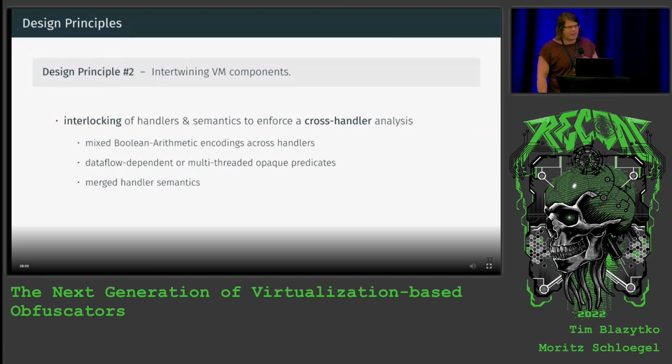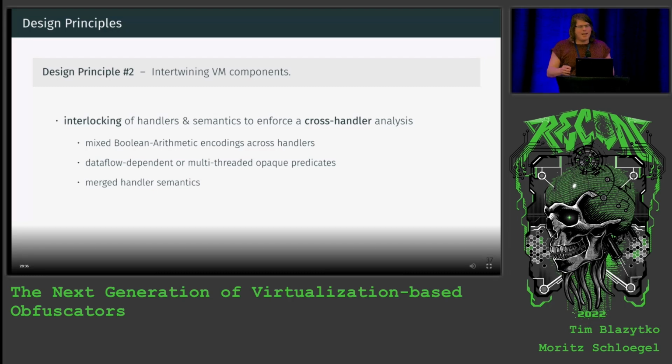Let me just discuss some of them. One of them is that you could encode them mathematically via arithmetic encodings or mixed Boolean arithmetic, such that one handler performs some encoding, the other handler in the execution flow performs some operations on that, the other handler encodes a bit more, and just then a handler somewhere in the future decodes the stuff.